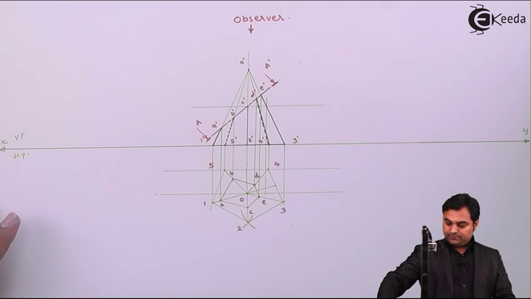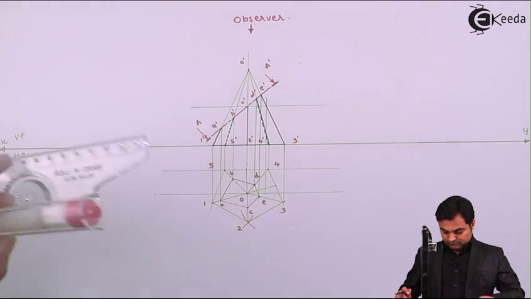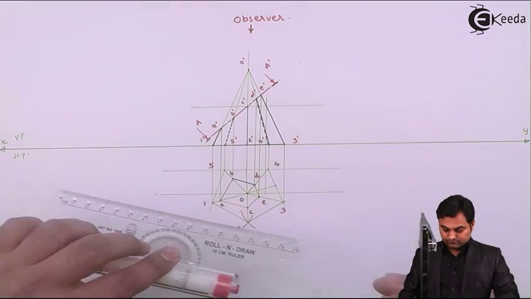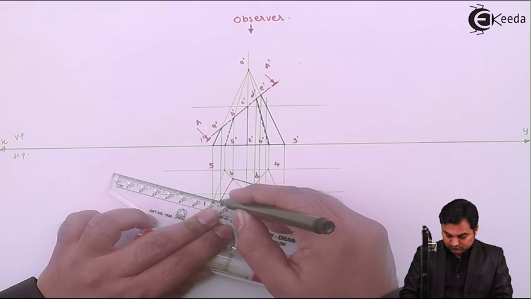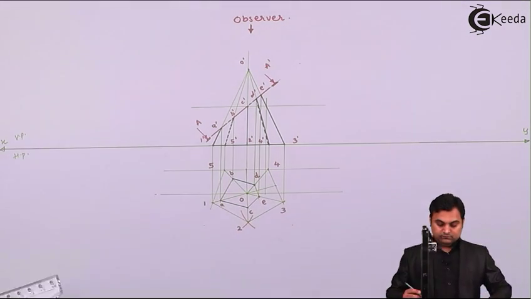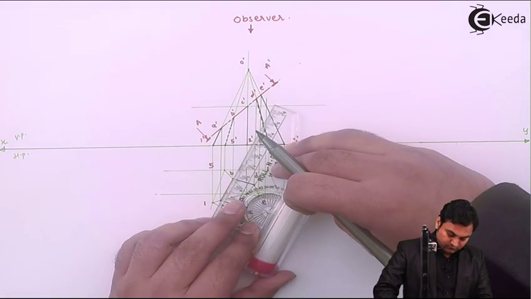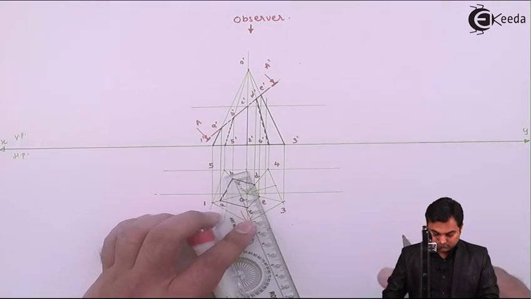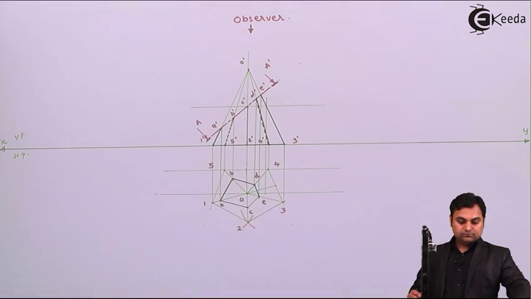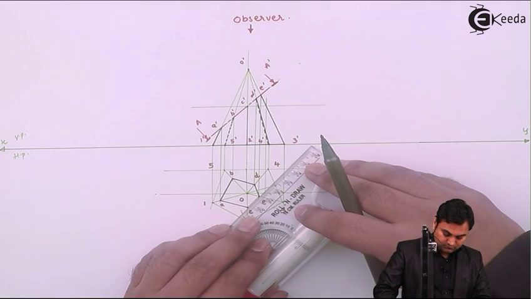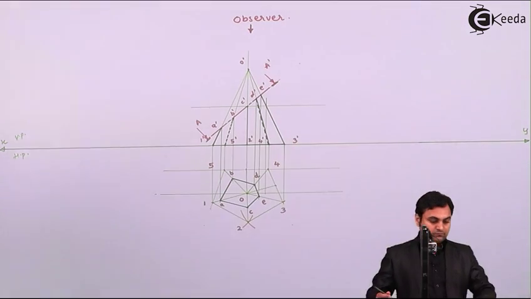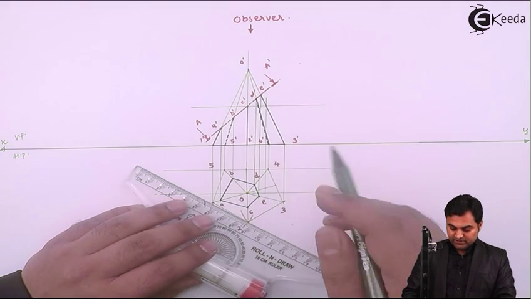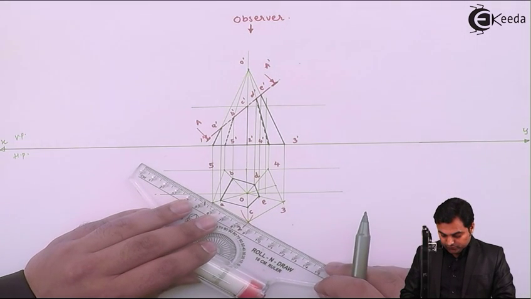Now making it dark, then this entire pentagonal base is visible from top view.